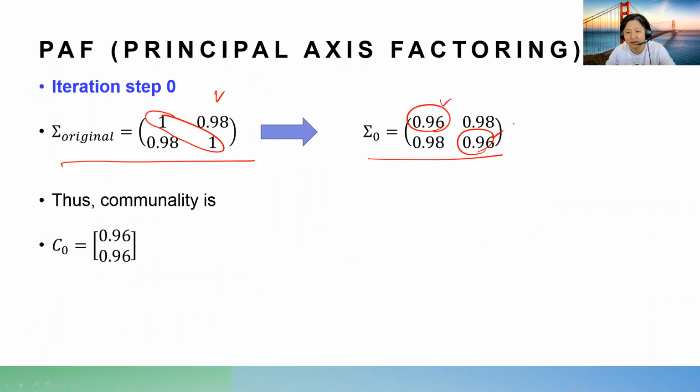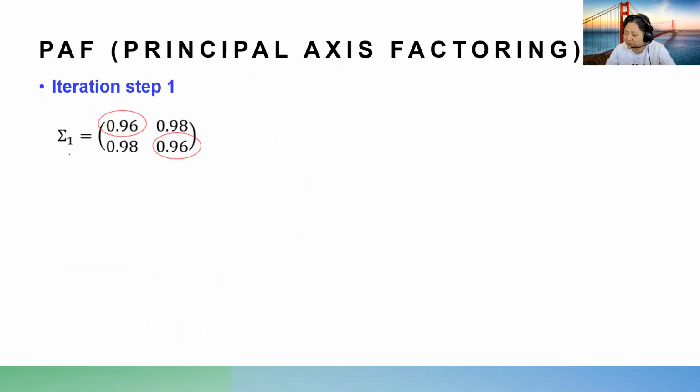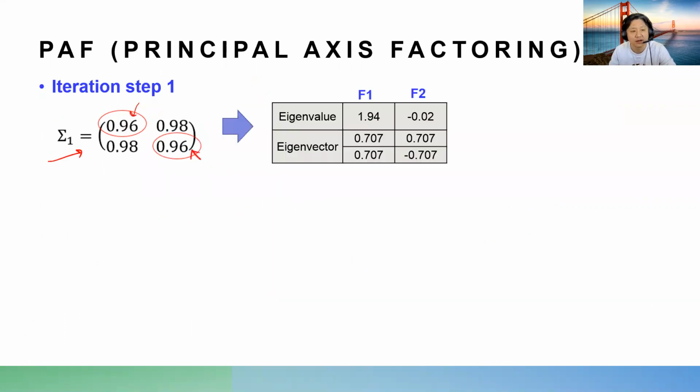And this is our initial, the updated communality. This is iteration step 1, so we are using the new communality, and from this correlation matrix we compute the eigenvalue and eigenvector.